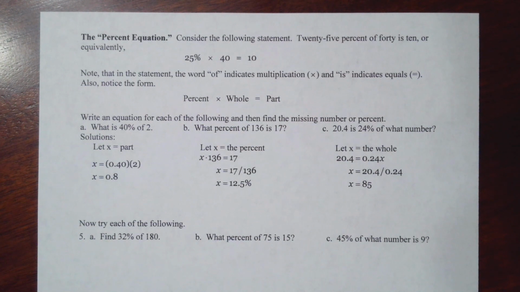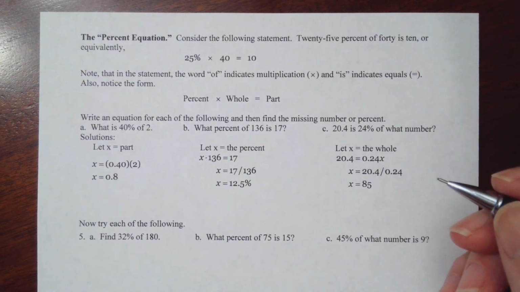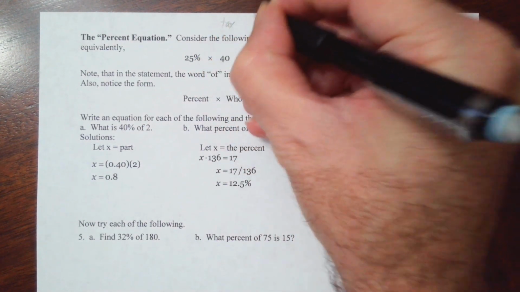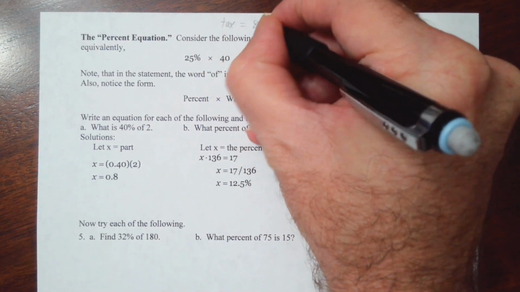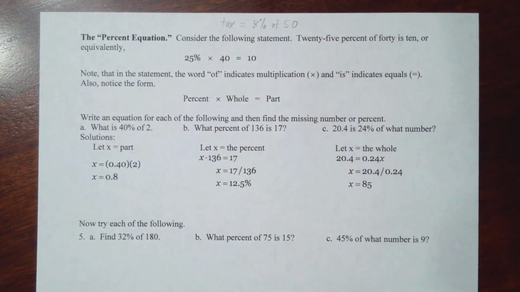Now when you talk about percents, like let's say you bought something for $50 and there's an 8% sales tax. So your sales tax would be 8% of 50. In fact, this is the most common type of percent problem we have.